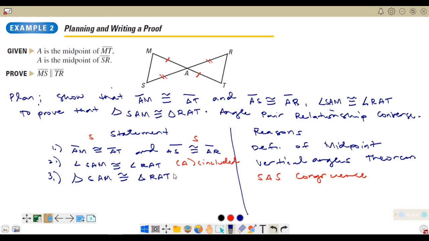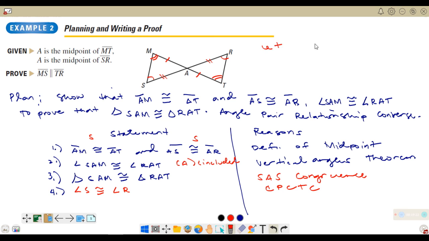Okay? So, here, we can conclude that angle S is congruent to angle R, and angle M is congruent to angle T. So, we have angle S and angle R na lang muna yung isulat natin. But either way, parehas naman kayong tatama. This is through CPCTC.